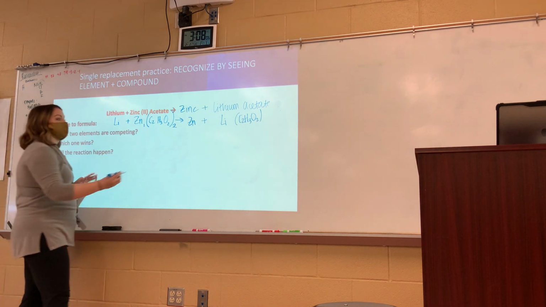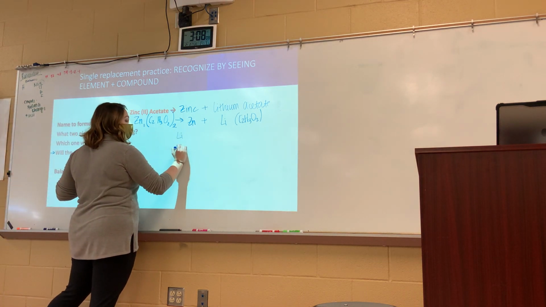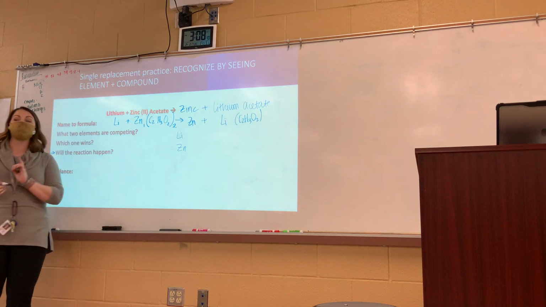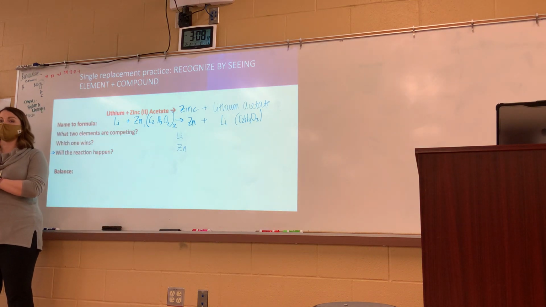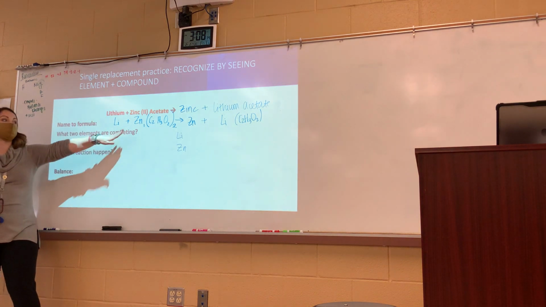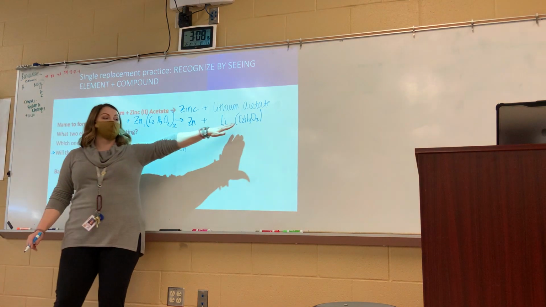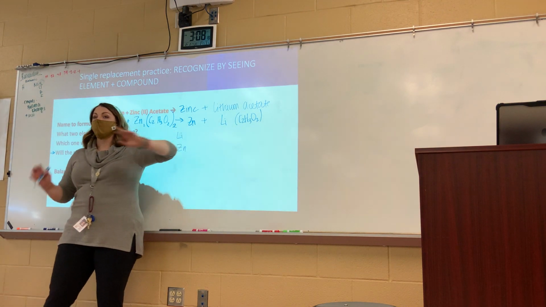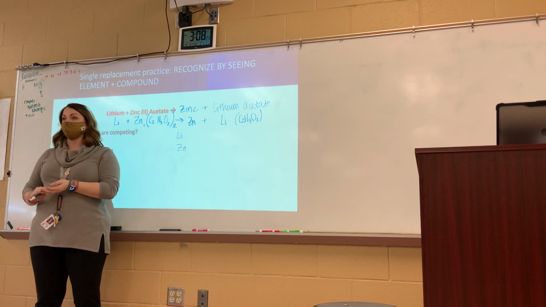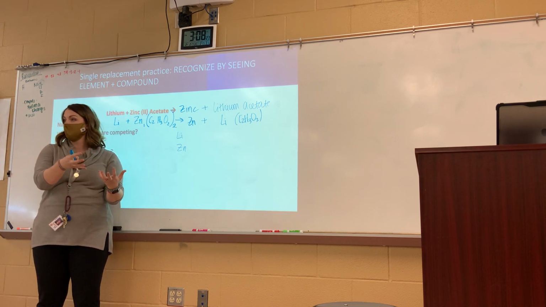So we're going to balance. I know Li and zinc. But what I did not know last year, I learned about halfway through, is that do you see how acetate stayed together? Why would we break that into its pieces when it stayed connected?